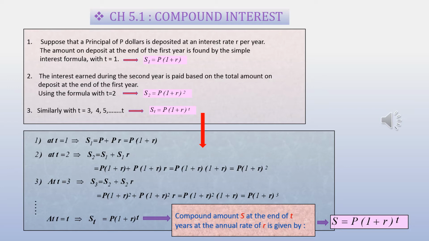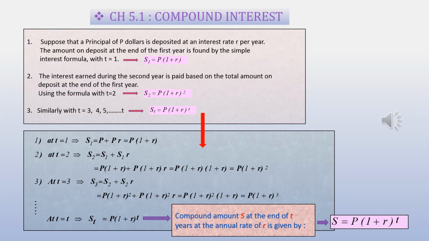S2 multiplied with R is the interest in the third year. So after we do some calculation here, we will get the end result of S3 equal to P multiplied with 1 plus R to the degree of 3.